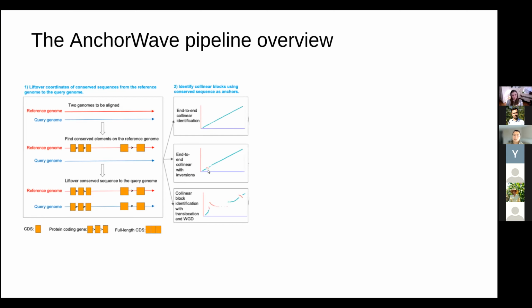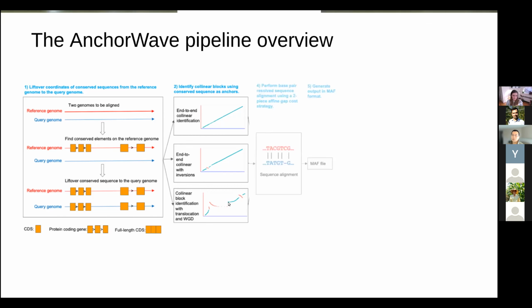For the second one, for each pair of homologous chromosomes, we assume there may be inversions, but no translocations. For the third one, we assume there may be translocations, inversions, and even fusion or relocations, or maybe there's no homologous chromosome anymore.